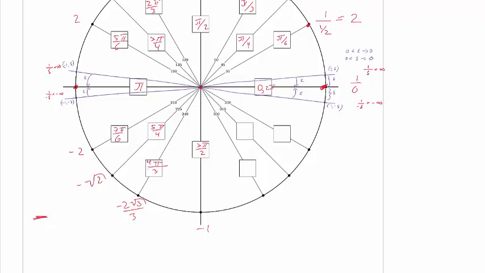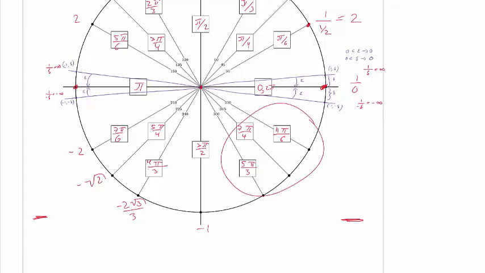Note again that in the fourth quadrant here, all the y values will be negative. Let's go ahead and fill in the angles. And so we've got pi over 3 with a 5 on top, pi over 4 with a 7 on top, and then pi over 6 with an 11 on top.